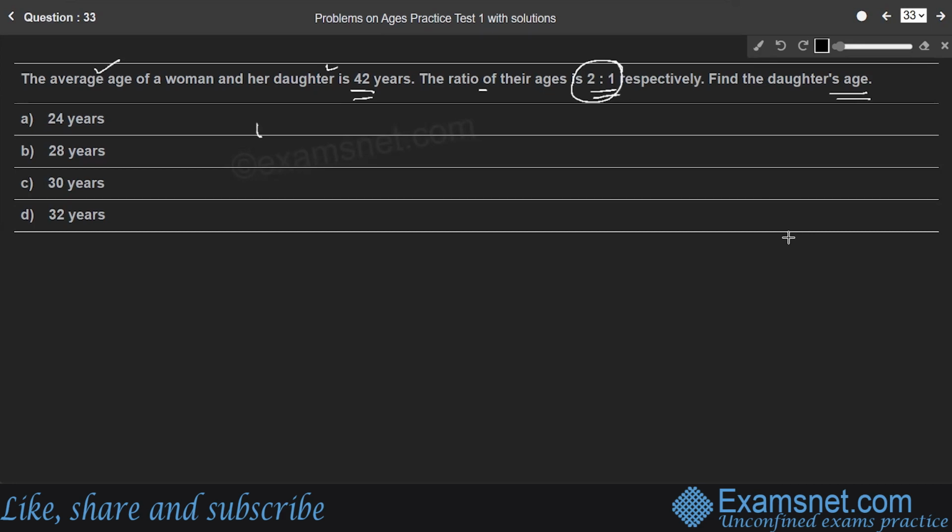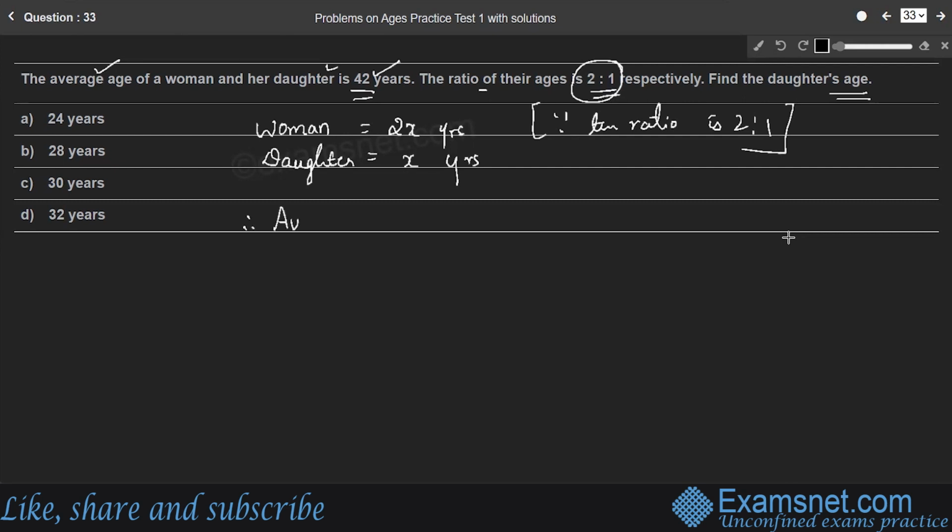So we'll consider the woman's age as 2x years and her daughter's age as x years, because the ratio of their ages is 2:1. Now the average of their ages is 42 years.